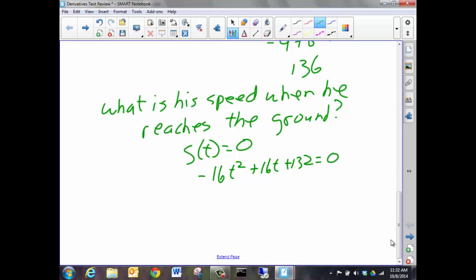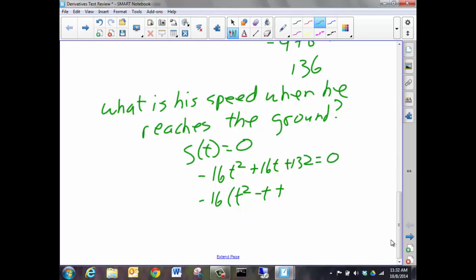And how are we going to solve that? Factor out a negative 16 if I did this right. t squared minus t plus, I hope 16 goes into 132 nicely. I bet it doesn't. It'd have been better if it was 144.